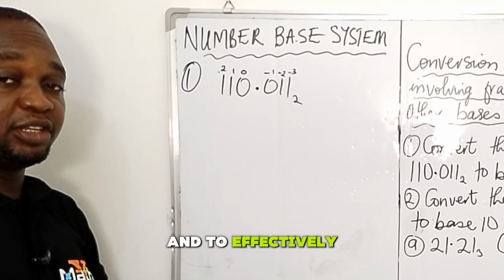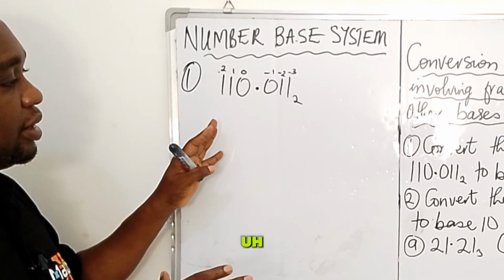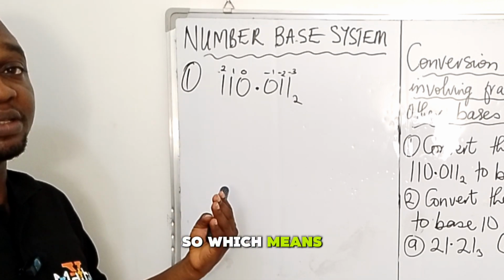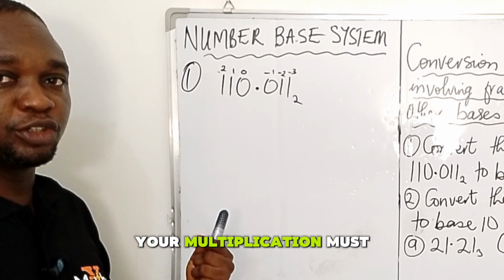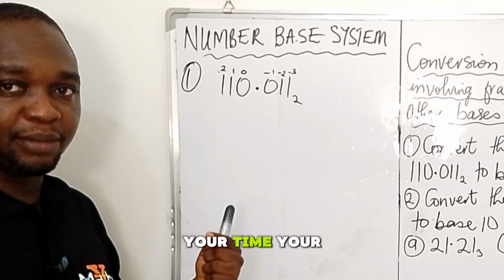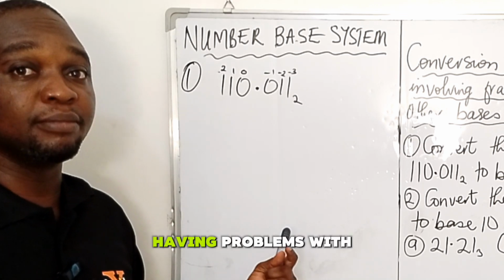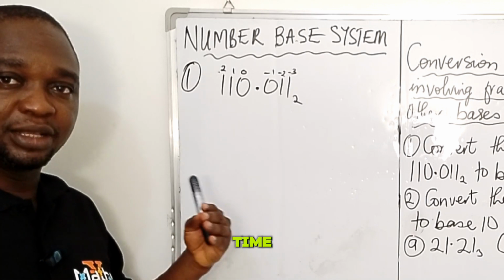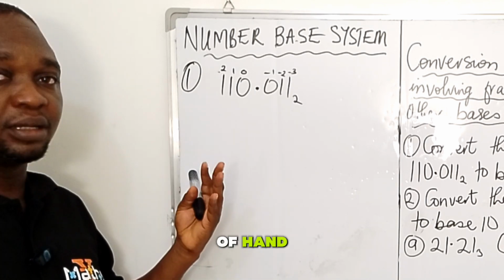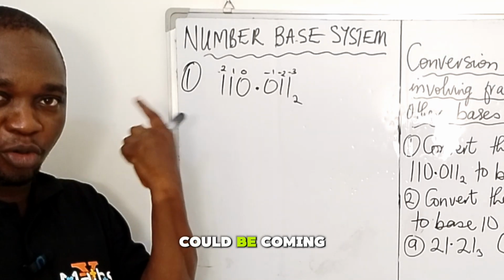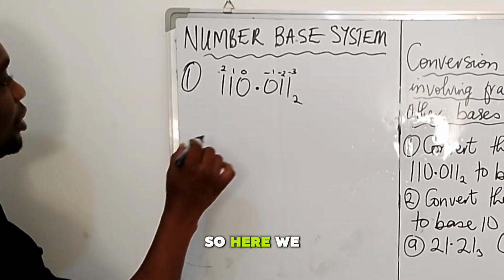And to effectively do your expansion, the student must be very, very acquainted with powers of numbers. So which means, again, your multiplication must be very good. Your use of times table should be excellent. If you are one of the students still having problems saying your times table offhand, you might be having challenges here because you could be using calculators on things that could be coming out of your head. So here we go.